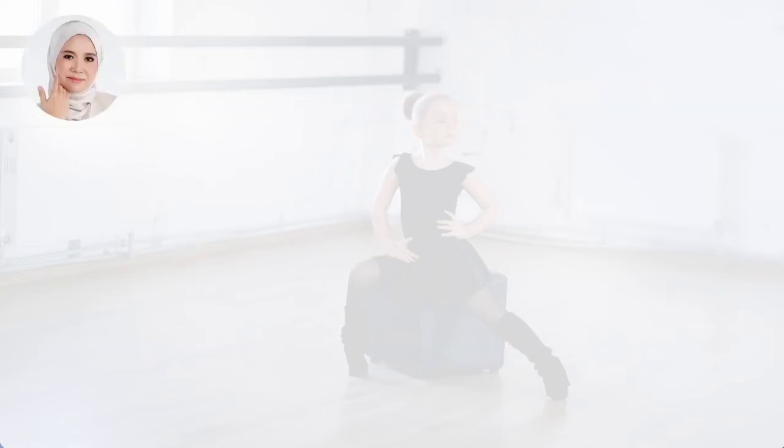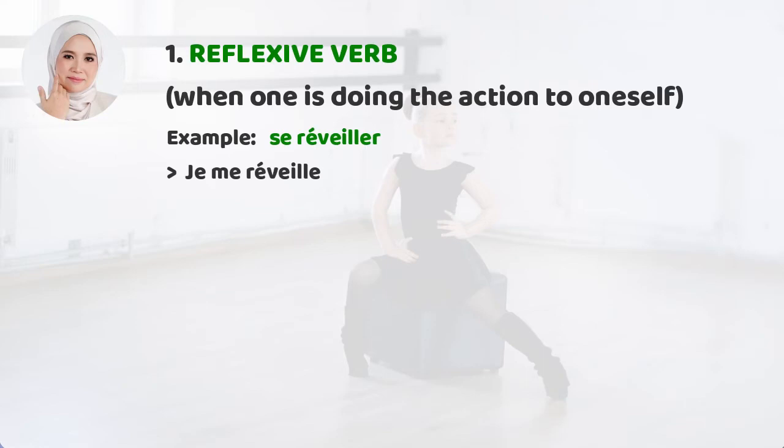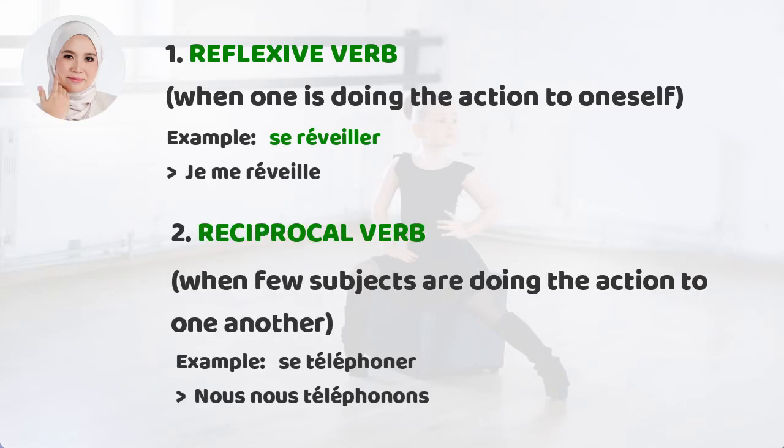We have seen what is the verb pronominal, and there are actually 3 types of verb pronominal, but in this clip we are going to look at only 2. We have reflexive verb and reciprocal verb. Reflexive verb is when one is doing the action to oneself, and reciprocal is when few subjects are doing the action to one another.